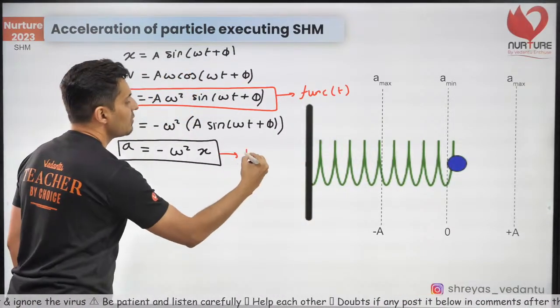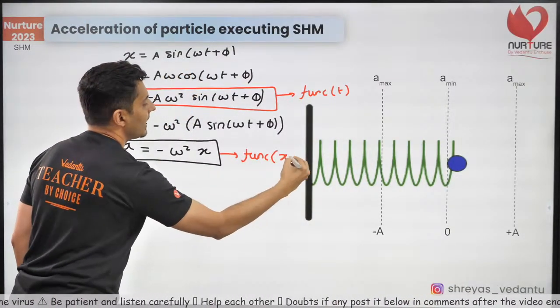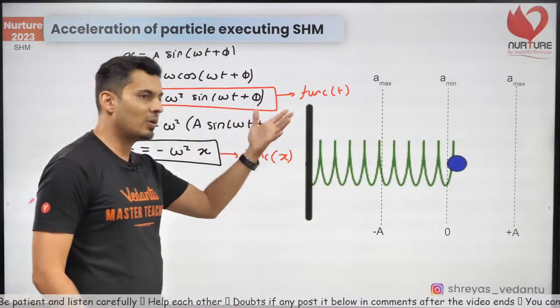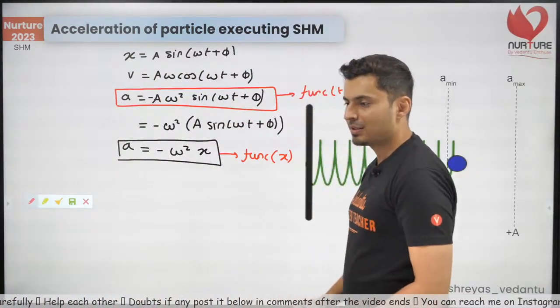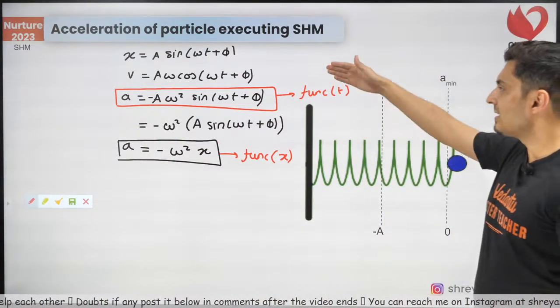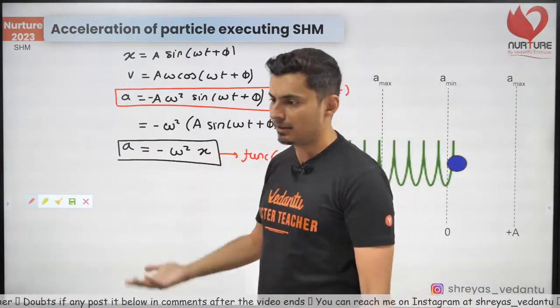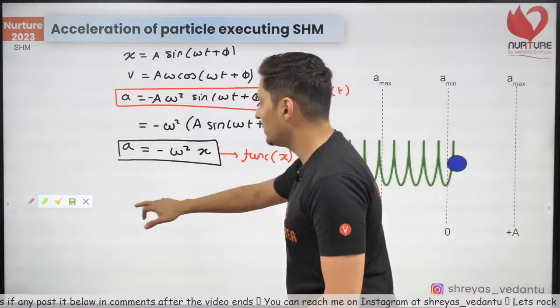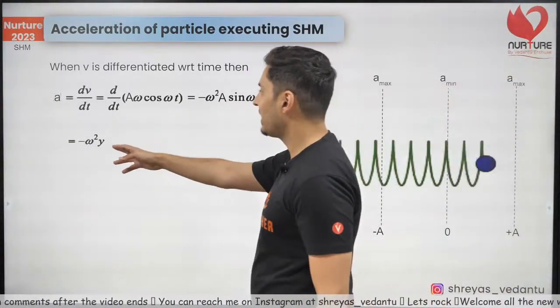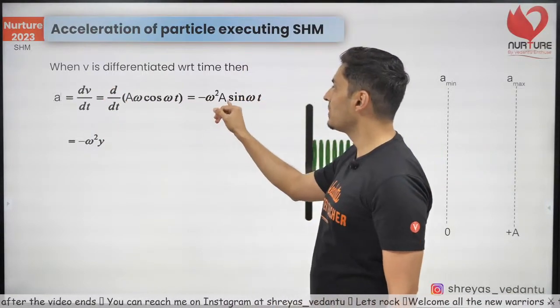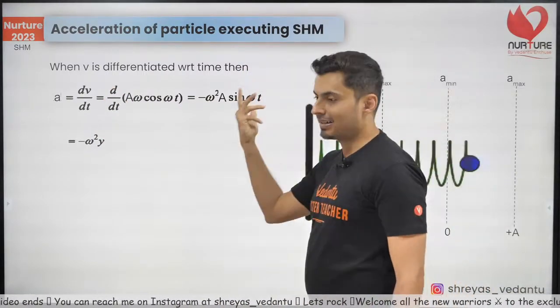Use this when you want it as a function of x. As a function of x or as a function of time, you decide. Is it understood? These are all the formulas that we have just studied, and it's all going to be there in the PDF. Don't worry about it. So minus omega square x, and acceleration is minus omega square a sine omega t.